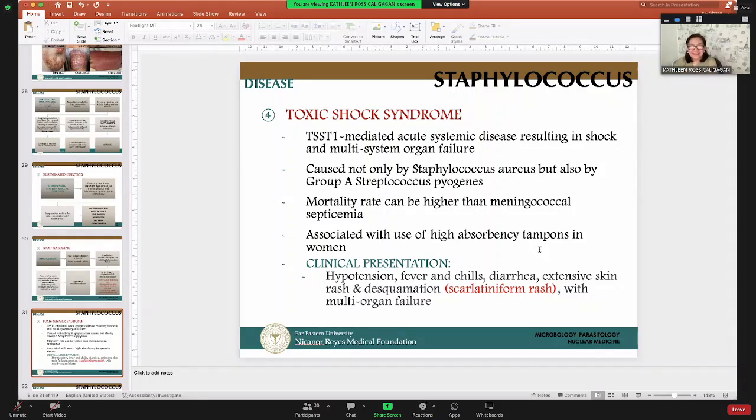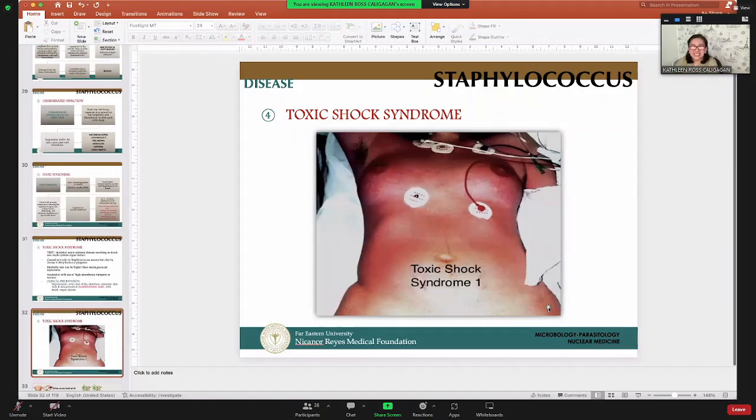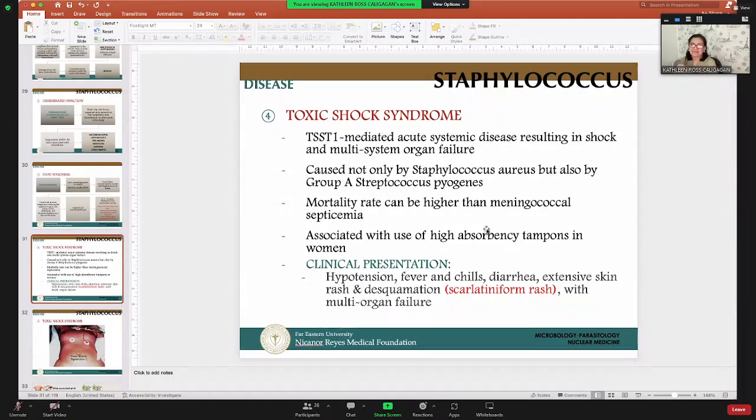The clinical presentation includes hypotension, fever, chills, diarrhea, and a rash with desquamation, a scarlatiniform rash, such as this one. See, his whole body is red because of the rash. So: fever, hypotension, multi-organ system involvement, and shock.